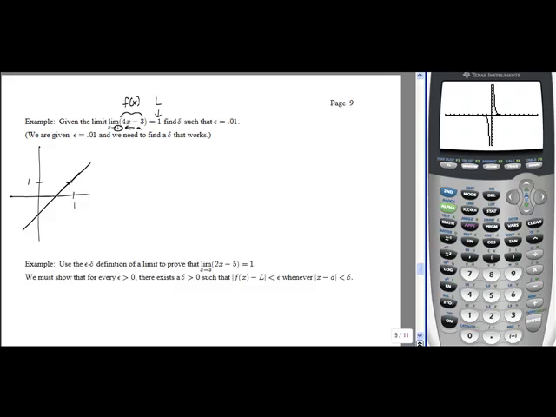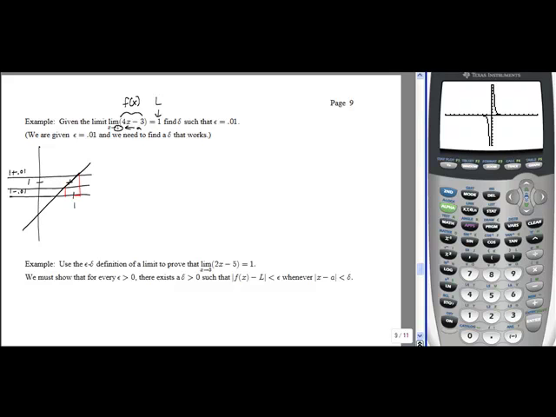So what we're going to do on this picture is we want to kind of zoom in on this graph so that we're looking at a window that's a little bit above 1. In other words, L plus epsilon, or L plus 0.01, and a little bit below this limit, so L minus epsilon, or L minus 0.01. If we zoom in so that we're within those two horizontal lines, what does that force us to have to be in terms of our x values?